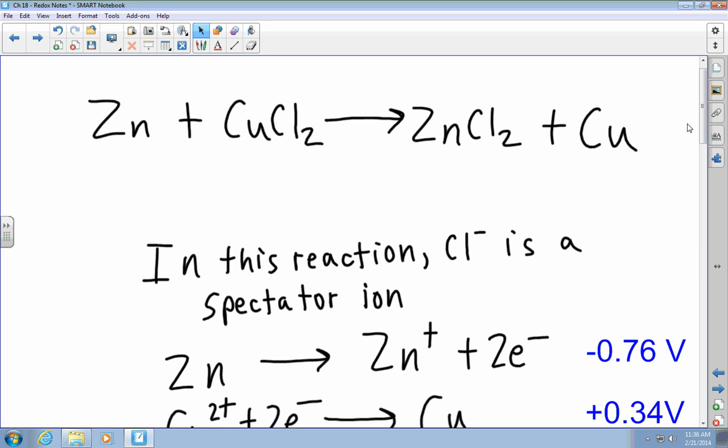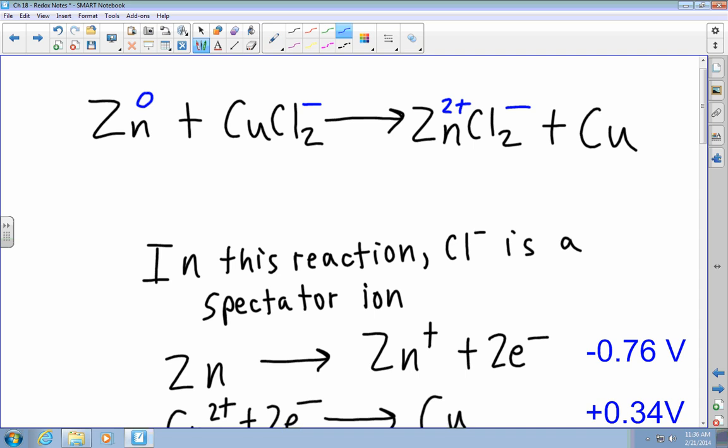So zinc is going from, what's the charge on the left side of the zinc? 0. And on the right side, 2 plus. And the chloride is 1 minus on the left and the right side.